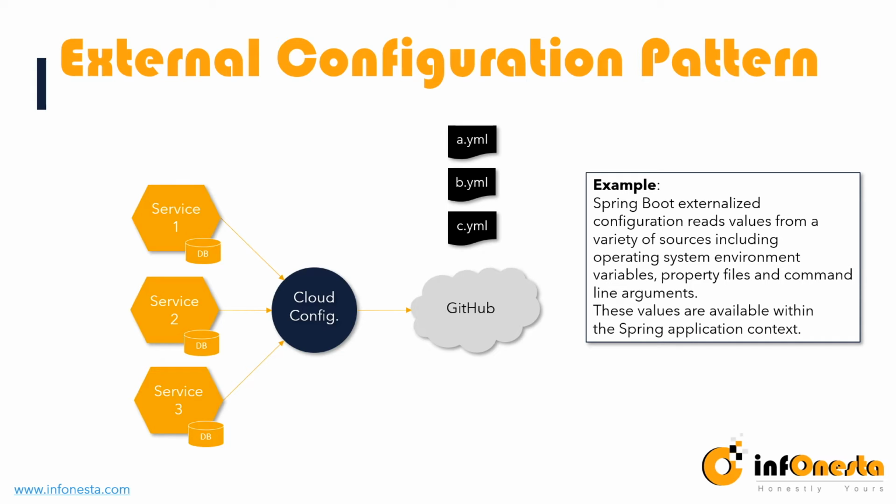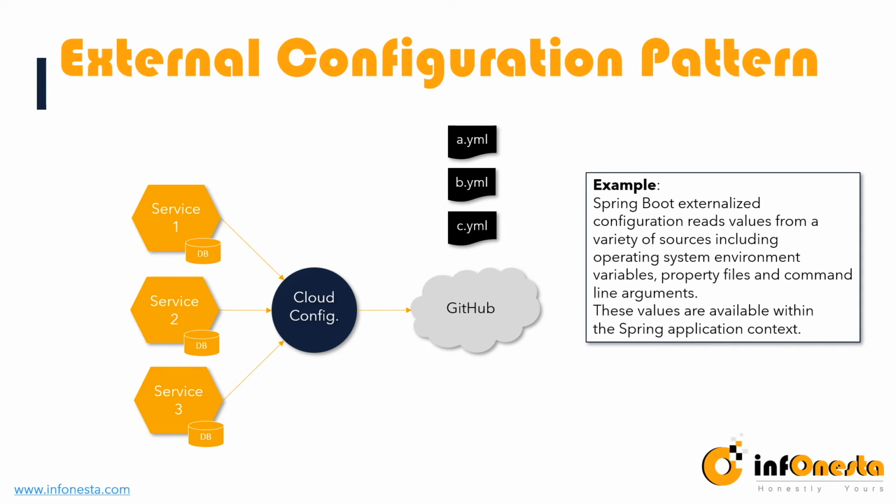Externalized configuration essentially provides an option for service to read configuration dynamically. So, externalize all application configuration, including the database credentials and network location. On startup, a service reads the configuration from an external source. One example as shown here.